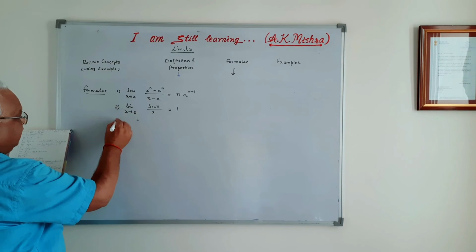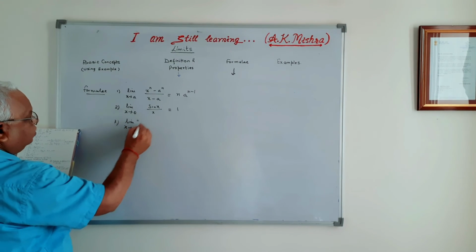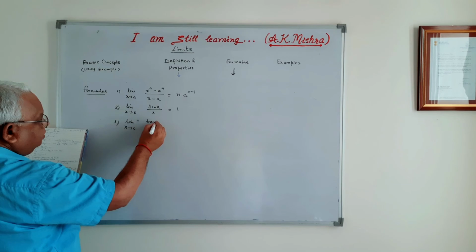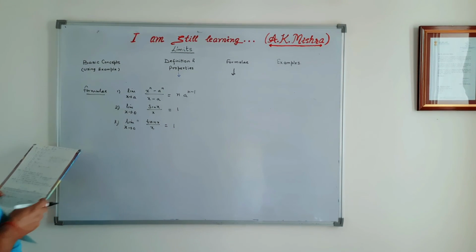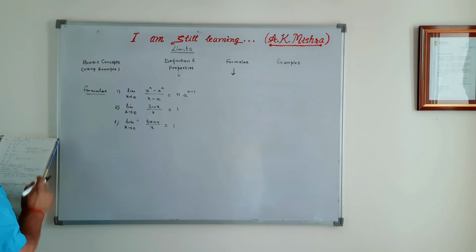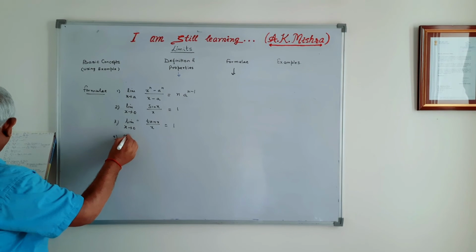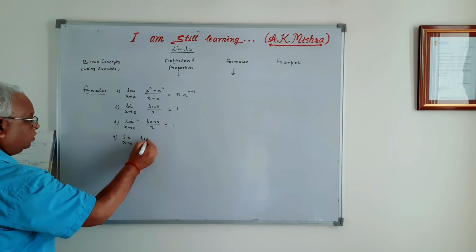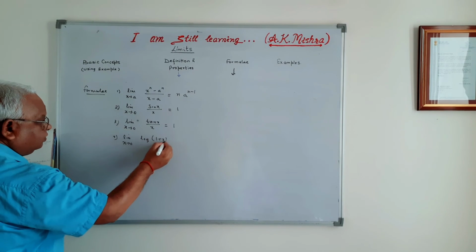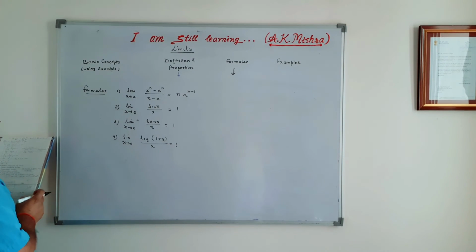Next is limit x tending to 0, tan x upon x is equal to 1. Fourth is limit x tending to 0, log of (1 plus x) upon x is 1.